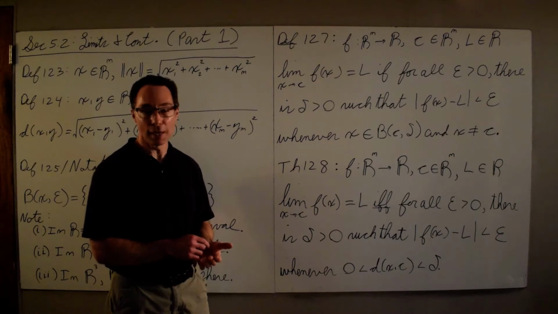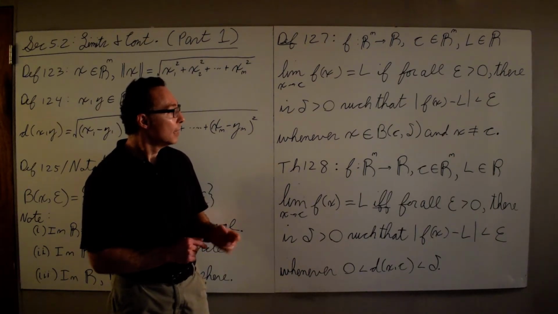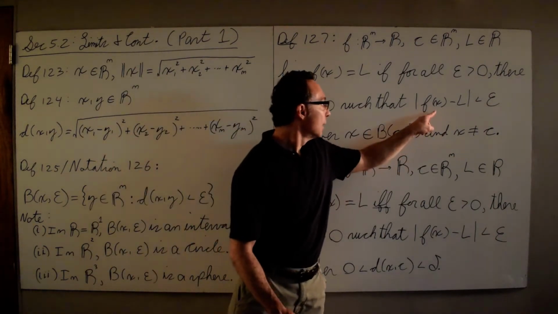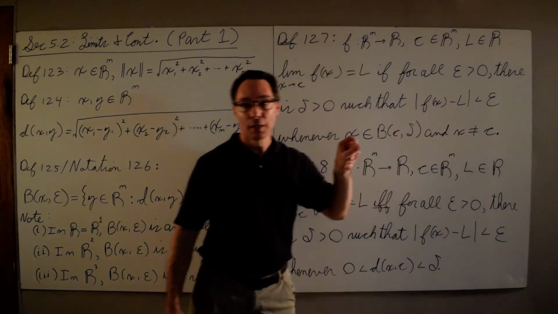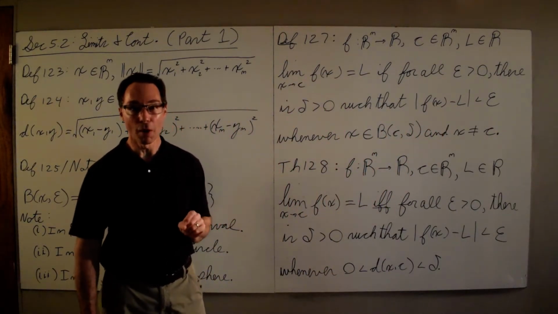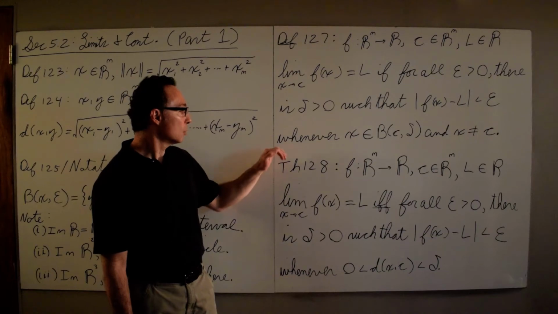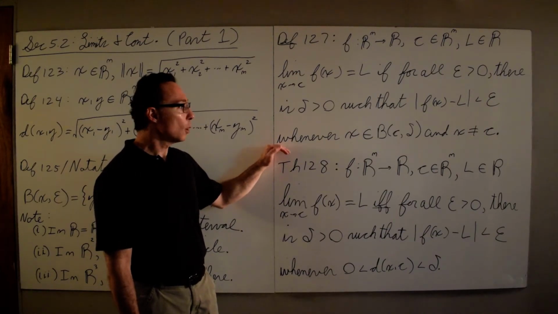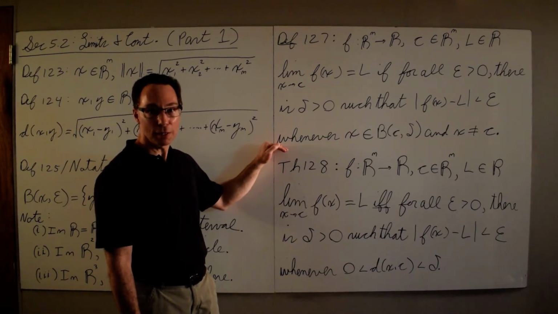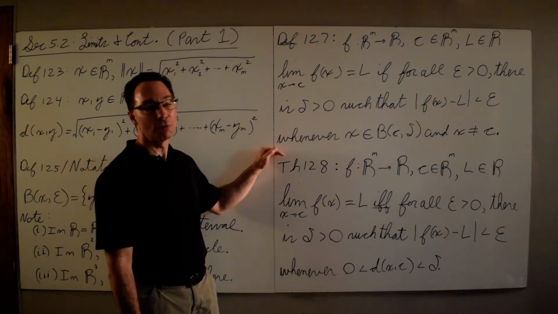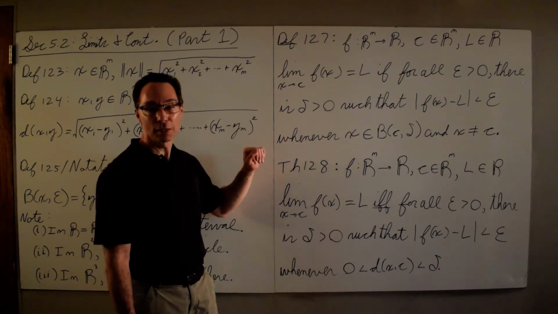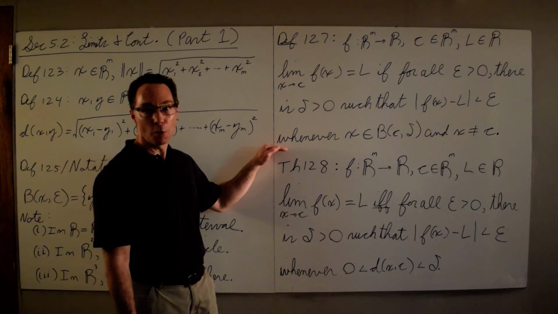Let me elaborate on that x not equal to c for a moment. That doesn't mean that x isn't allowed to be c, and it also doesn't mean that the distance between f of c and L isn't allowed to be less than epsilon. What it means is we don't care if it is. We don't care if f is defined at c or not, and we don't care what its function value is. That doesn't mean that c is not in the domain of f. It simply means we don't care if it is.